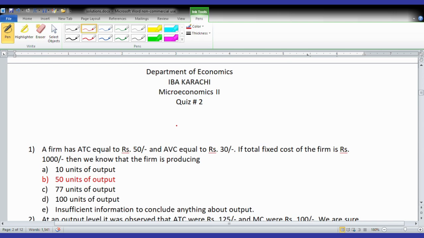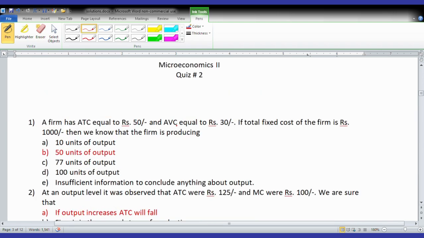Similarly, see that in the second quiz, the first question was: when average total cost is equal to 50, average variable cost is equal to 30, and side by side the other information given was about the total fixed cost, equal to 1000, and then it was asked how many units the firm is producing.